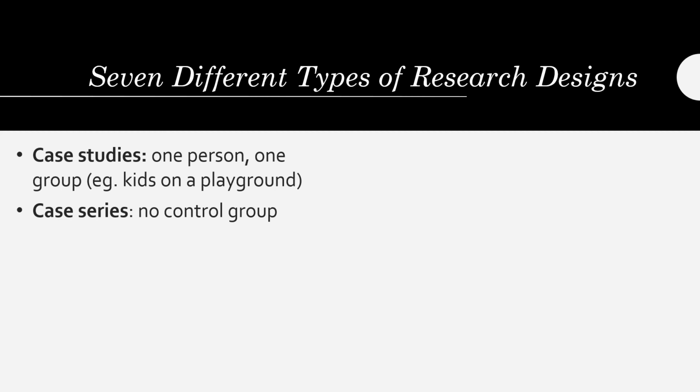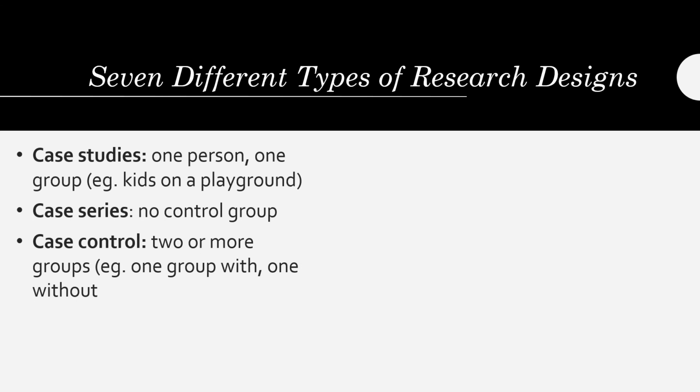We may go and watch those kids on a playground play and determine what their activities are, what toys they might play with more than others. It's a case series. Case control is we've got 2 groups, and one group might have the issue and one group doesn't have an issue. But we have 2 separate groups.